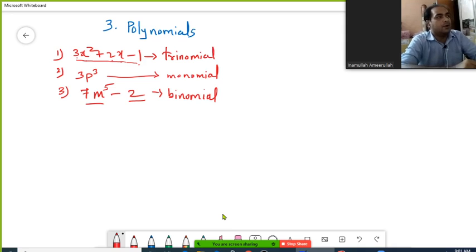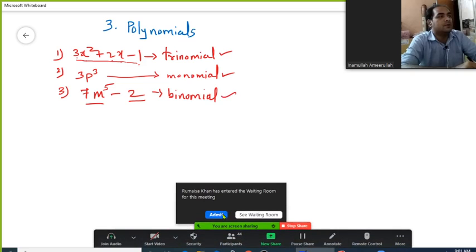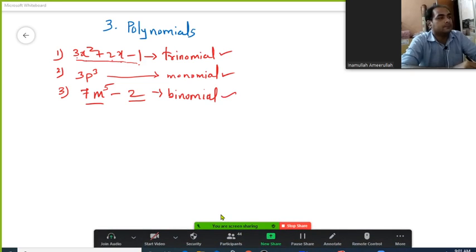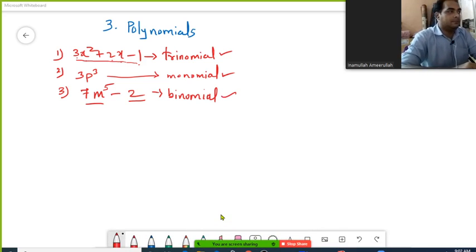So monomial means the polynomial which has only one term. Binomial means the polynomial which has two terms, and trinomial means which has three terms. So this is trinomial, this is monomial, this is binomial. So these are three categories of polynomial.